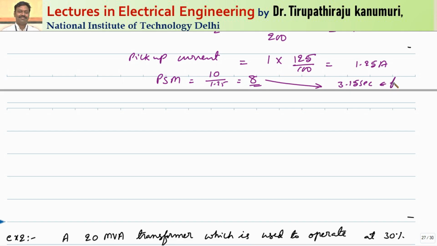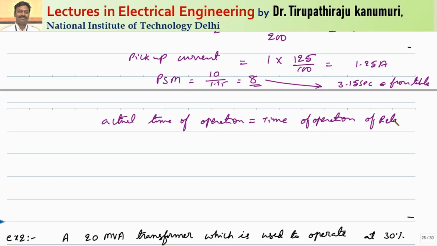But for the actual time of operation, it is given that there should be a delay of 0.5 seconds between the two relays. So the actual time of operation will be equal to the time of operation of relay number 1 plus the time grading margin.